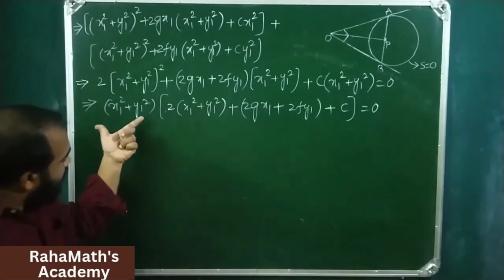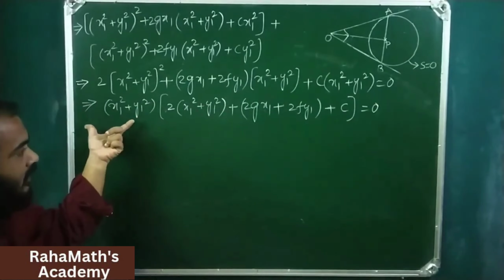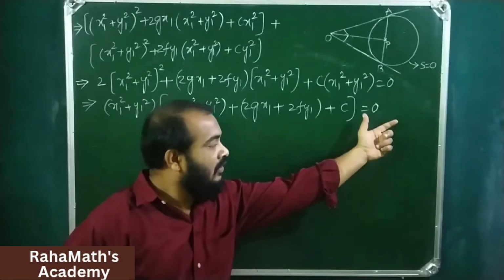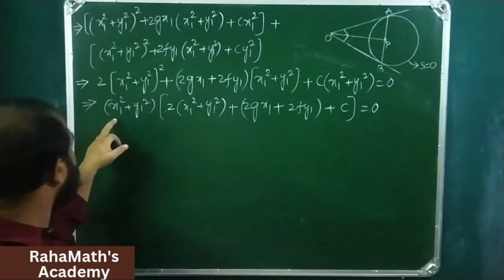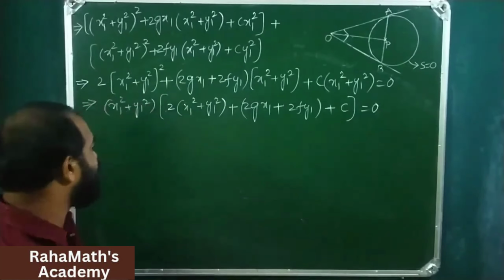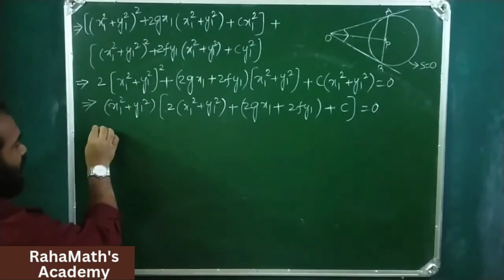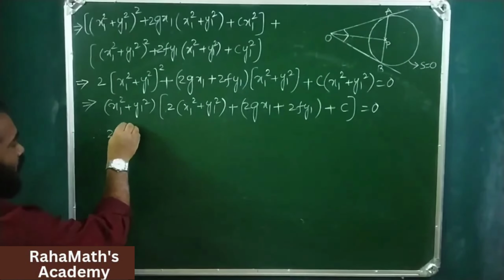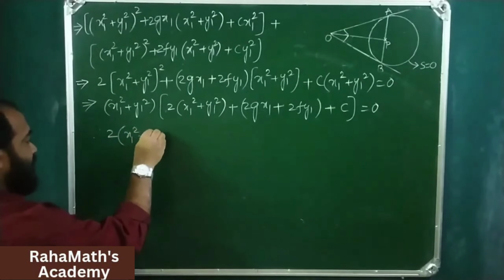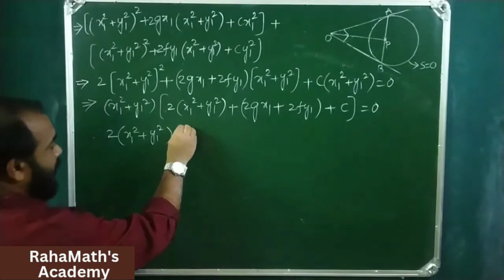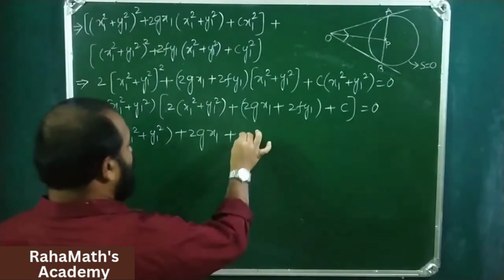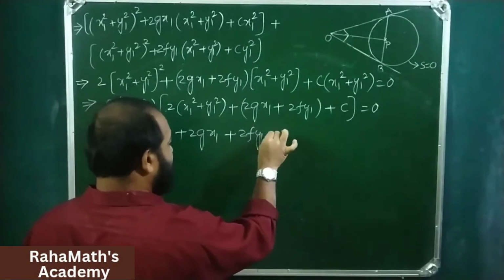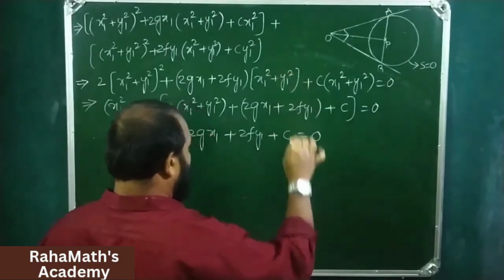So this is getting multiplied. If you transpose this onto the other side, 0 by x1 square plus y1 square is 0. So what I am left with is 2 into x1 square plus y1 square plus 2gx1 plus 2fy1 plus c equals to 0.